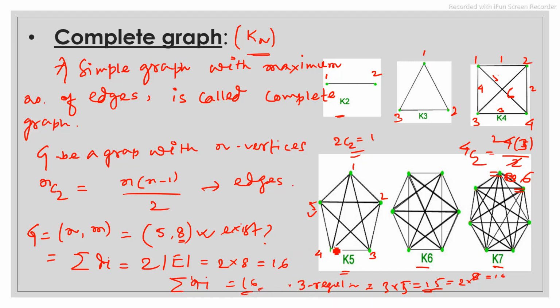Now, can you say this is a complete graph?